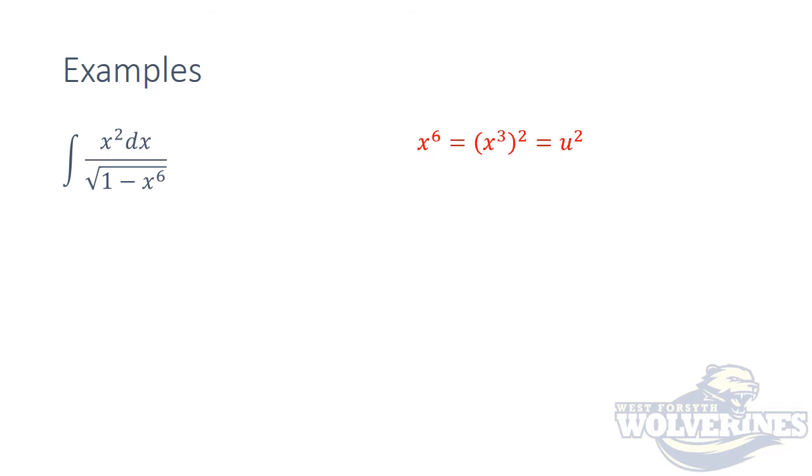So if we let u represent x to the 3rd, then we're going to be able to say that the denominator is 1 minus u squared, and then that would fit our pattern for arcsine.